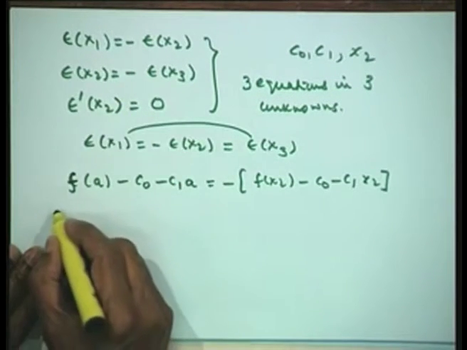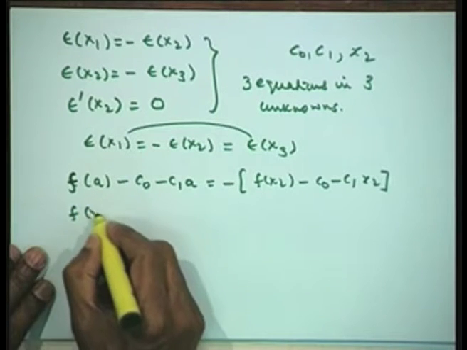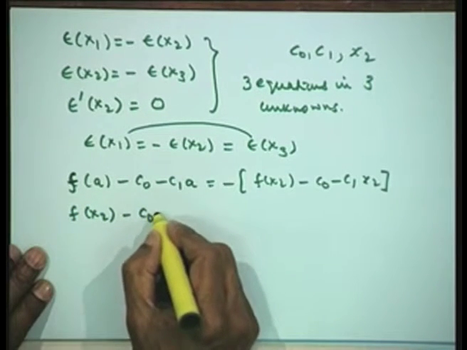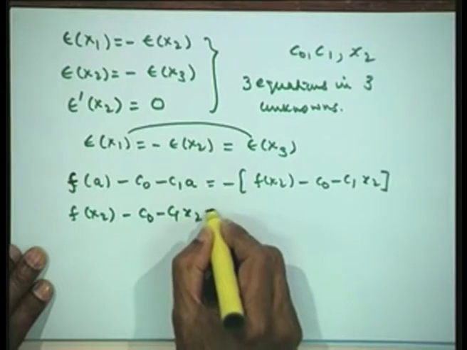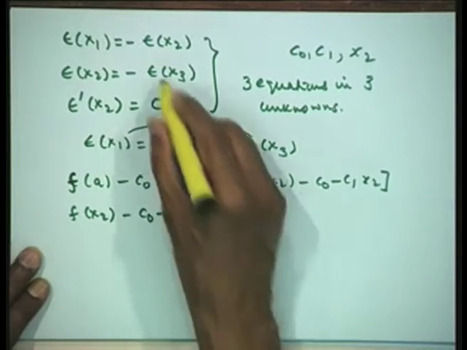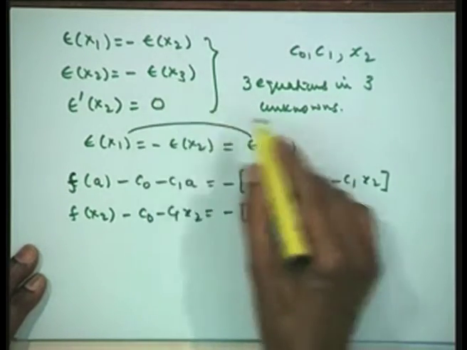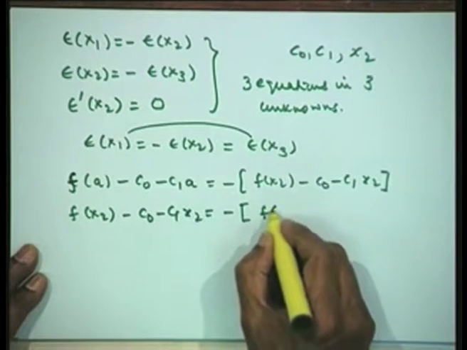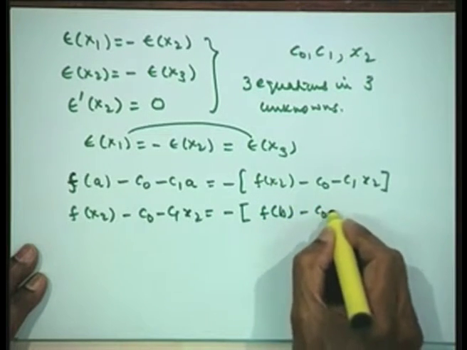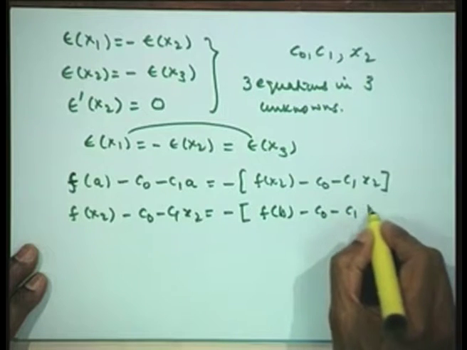The second equation reads f at x 2 minus C naught minus C 1 x 2, this is epsilon at x 3 is equal to b. So, I will set f at b minus C naught minus C 1 of b.